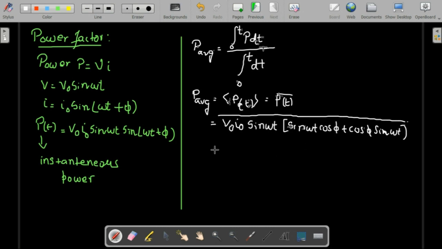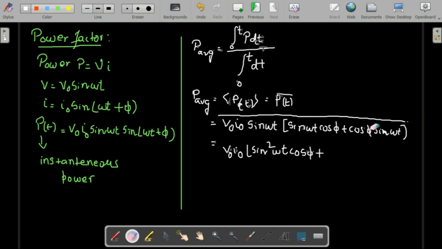This average we are calculating here, right? So what we can do now is maybe V naught I naught. This is also a better or easier way to find out the average. Sine square omega t cos of phi. We're just going to individually find out the average of these two quantities. Okay, cos of phi, and here we see sine omega t. Sorry, I think I've written this formula wrong.